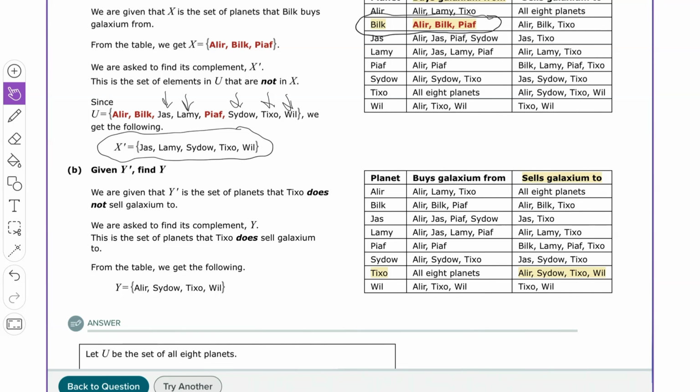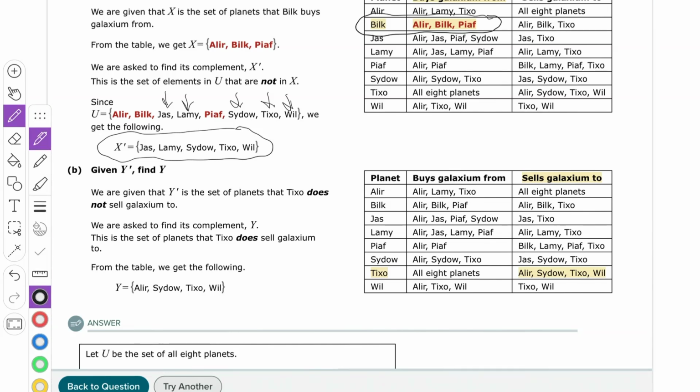And we are given that Y prime is the set of planets that Tixo does not sell Galaxium 2. Then we have to pick all of the ones that are in the set that the planet Tixo sells Galaxium 2. So it's the opposite, because what we're saying is the planets that does not. So right here it says does not.